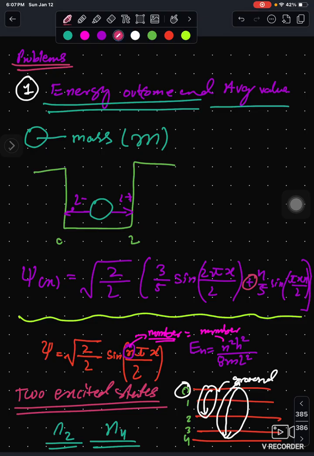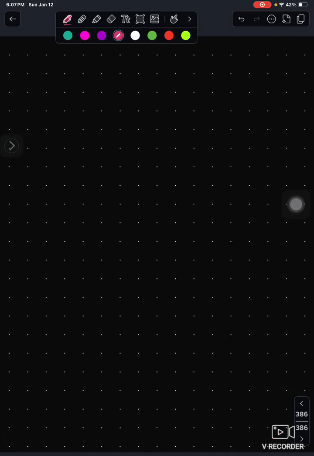Now what do we do? Since we know that n is equal to 2 and n is equal to 4, we write E of n, since our goal here is literally to find the energy measured, or the possible outcomes. Okay, since there are two possible outcomes as we know the energy values, first let me write the general equation.